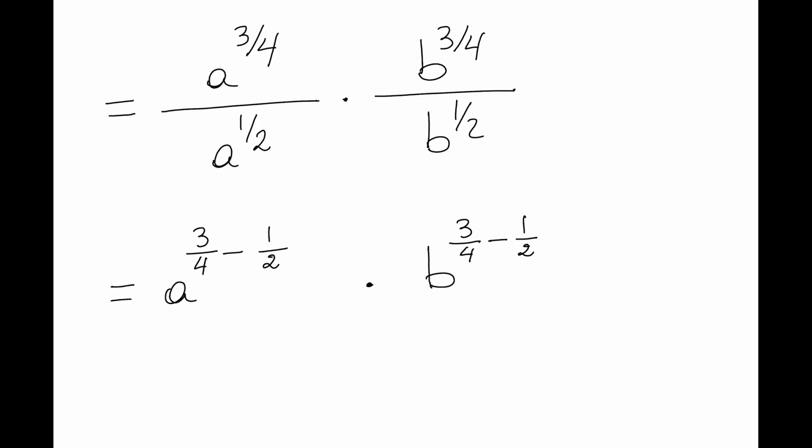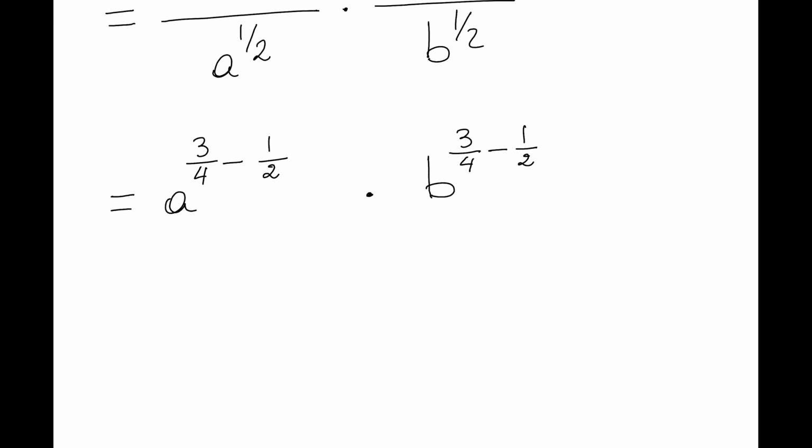Correct? And now I want to subtract 1/2 from 3 over 4. I want to have a common denominator. A common denominator between 4 and 2 may be 4. So I can rewrite it as 3 over 4 minus something over 4.